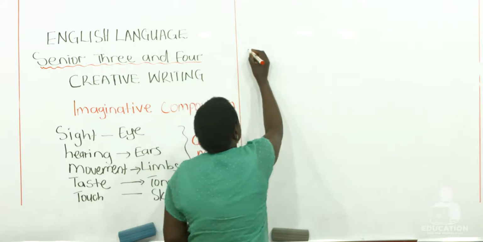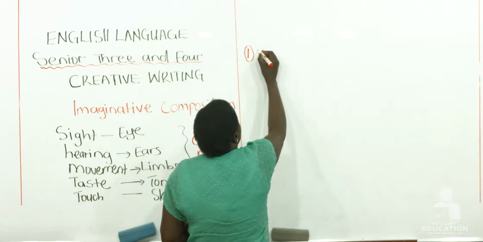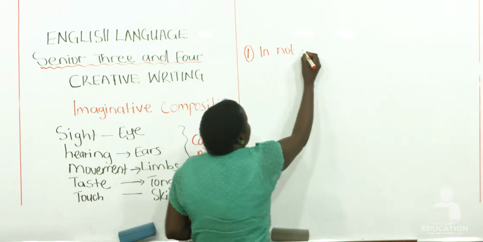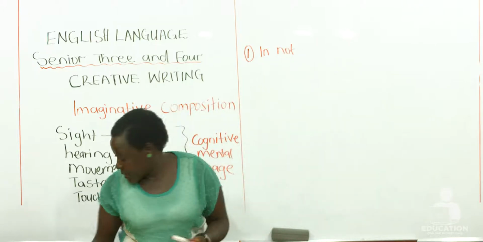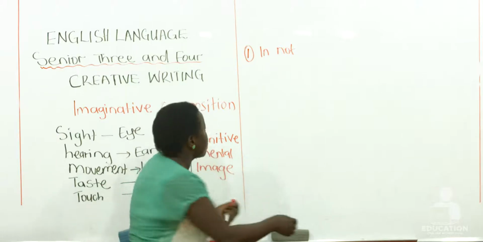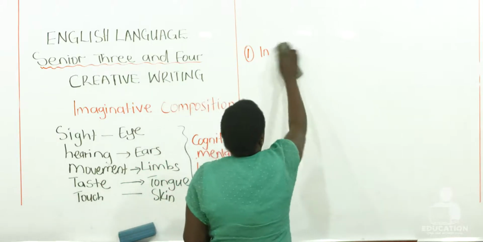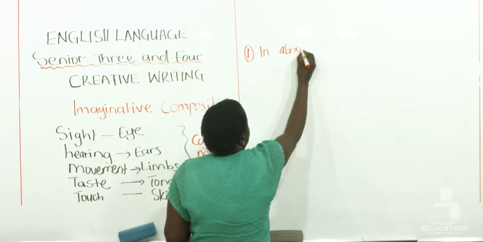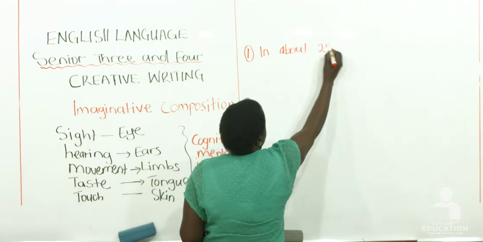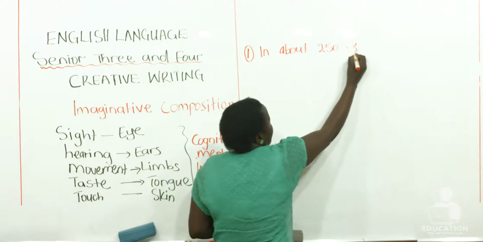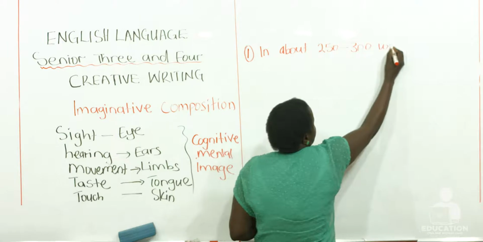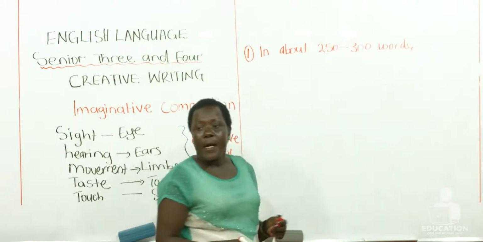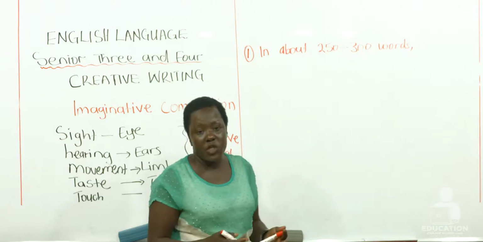1. In about, or you can even say in about, let us not restrict it. In about 250 to 300 words. Write a composition.